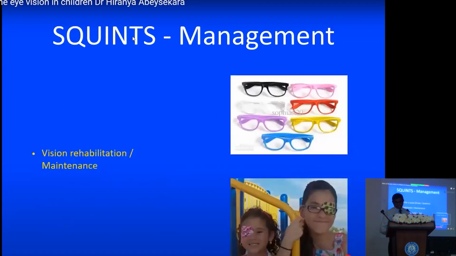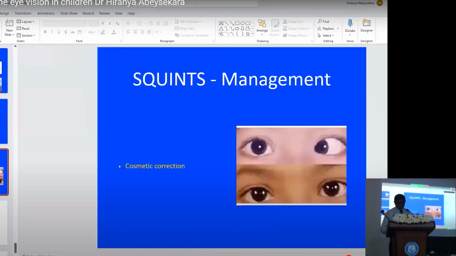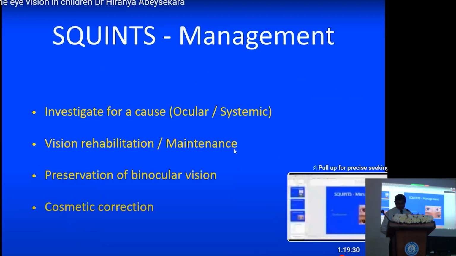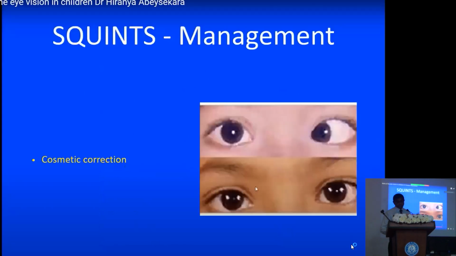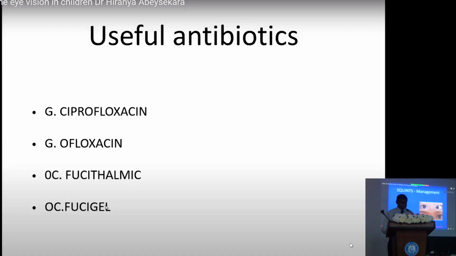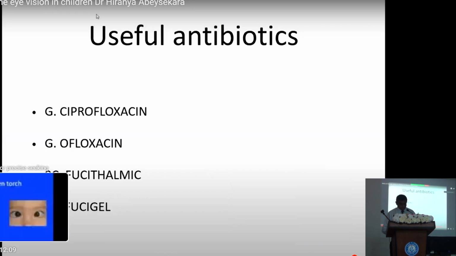If it is a normal squint, there is rehabilitation with glasses, patching exercises, orthoptic exercises, things like that. Finally, the child needs a surgical correction. In certain squints, we do early surgery. In certain squints, we do surgery at an appropriate time.